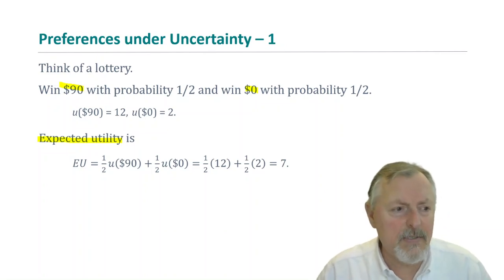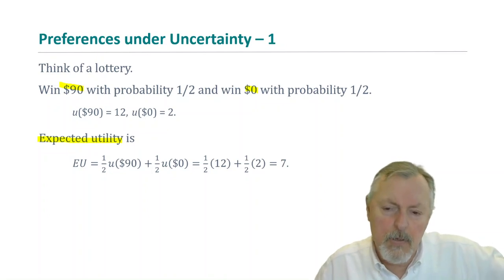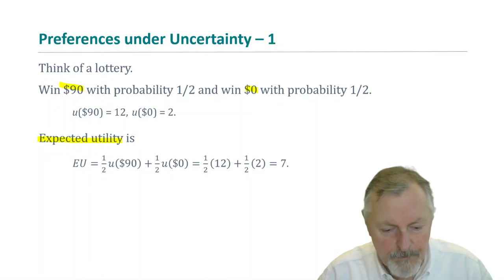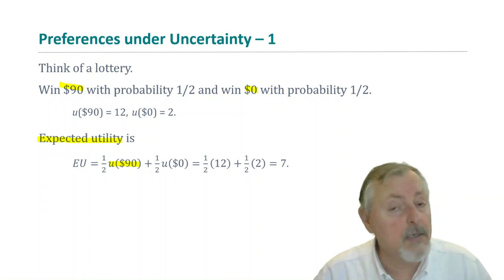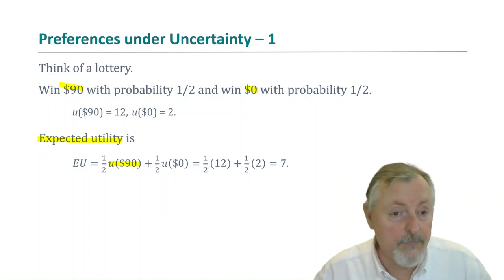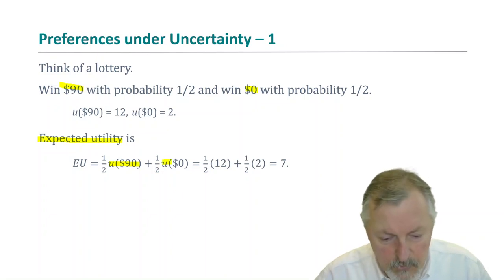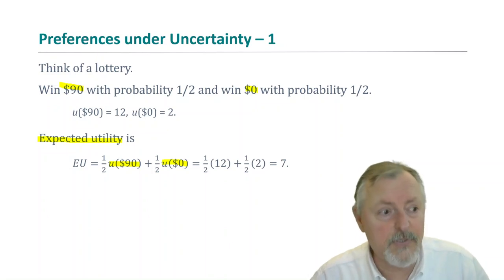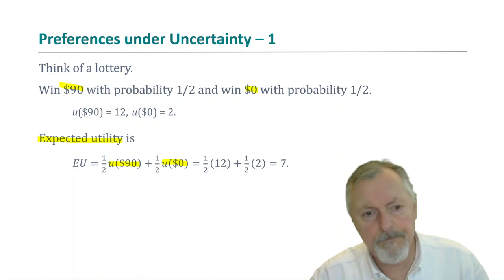Well, what is your utility over this consumption bundle of these two uncertain states of the world? If you win, you'll get some utility from $90, depending on your utility function. If you lose, you'll end up with $0. That gives you some level of utility. Again, you just plug it into the utility function.